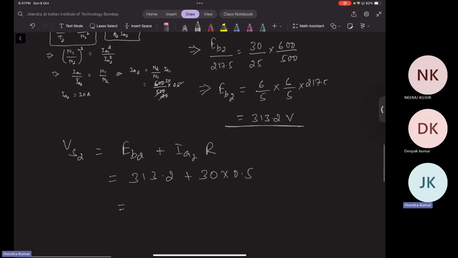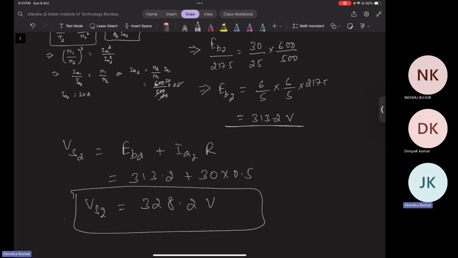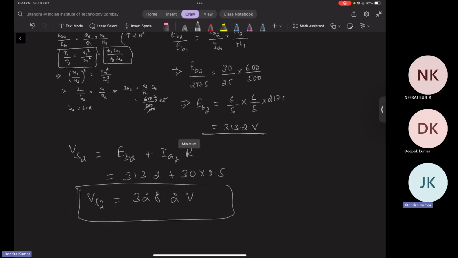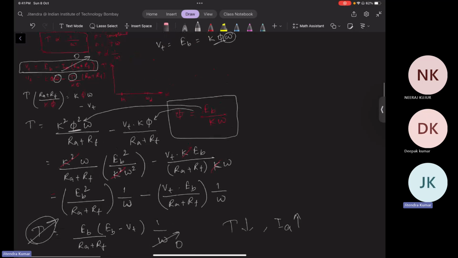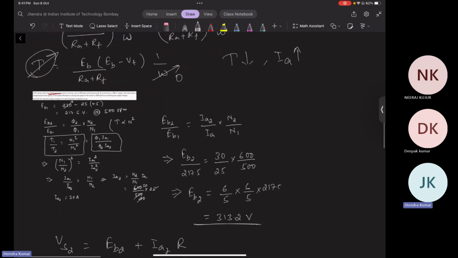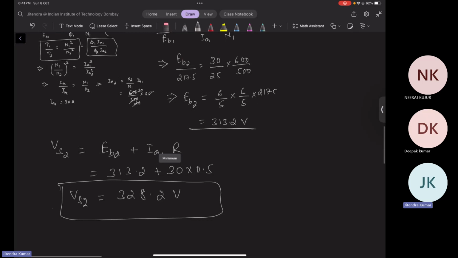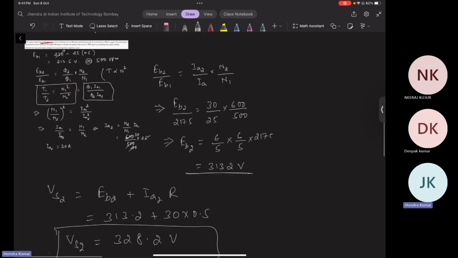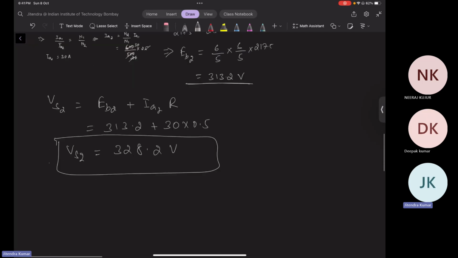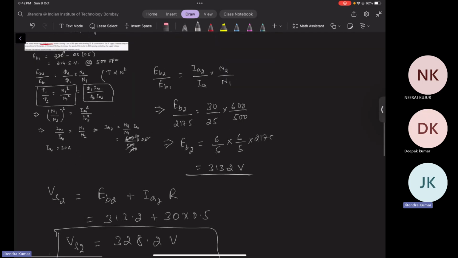So it will be equal to 328.2. So now this much voltage we need to apply, if we have control only on the voltage. So this much amount of voltage we need to apply, right? So yeah, we always have the tendency to consider the supply voltage constant, but it will vary if we do not have any other control on any other parameter, right? Any final doubt in this problem?